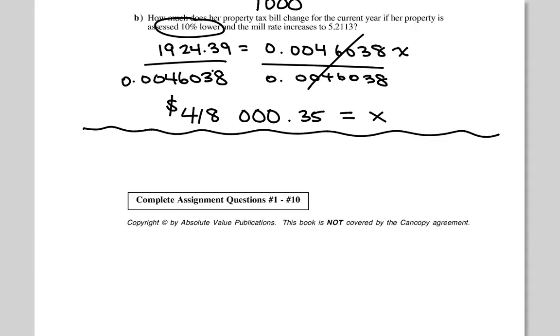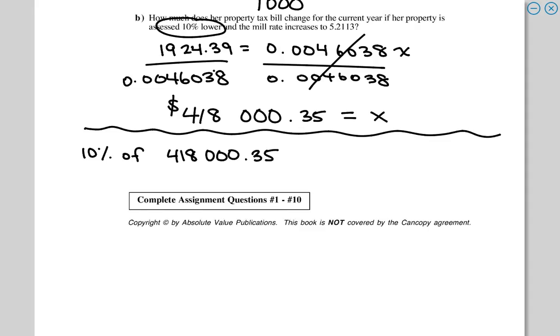We need to find 10% of this 418,000. 10% is going to move the decimal one spot over, but in general, what you need to do is convert the percentage to a decimal. Of becomes multiply, and we can figure out what 10% of this value is.